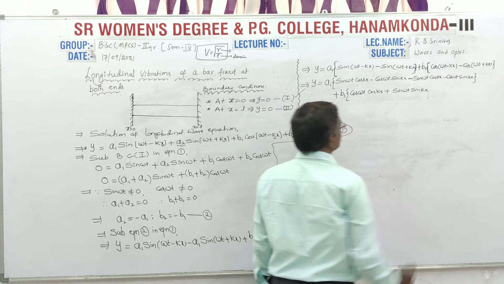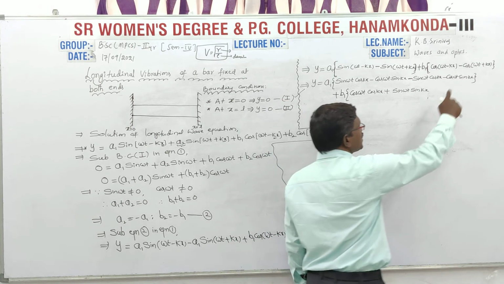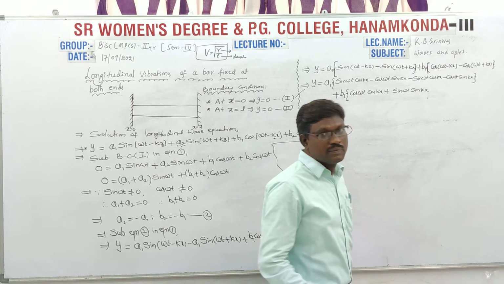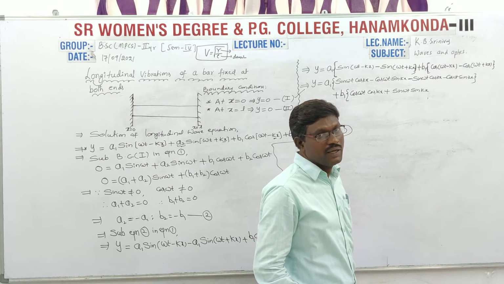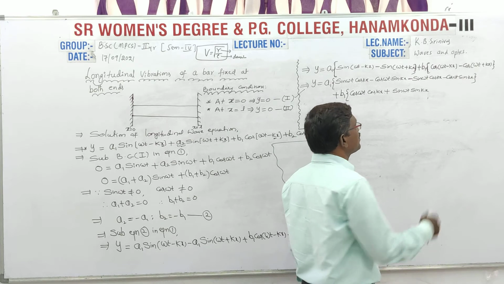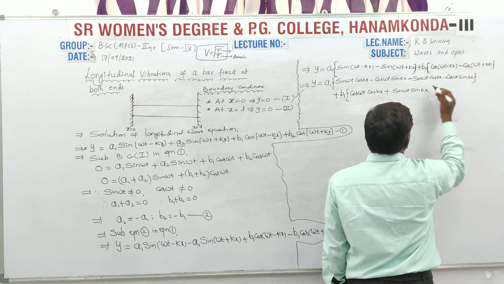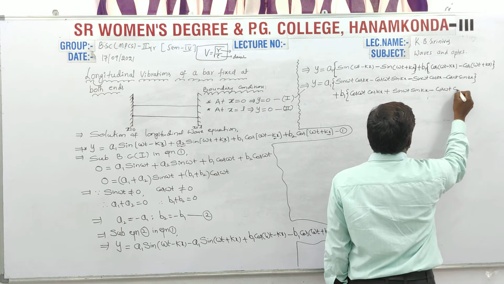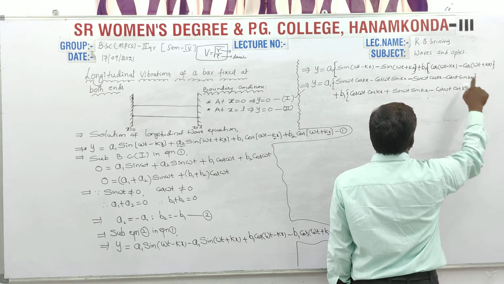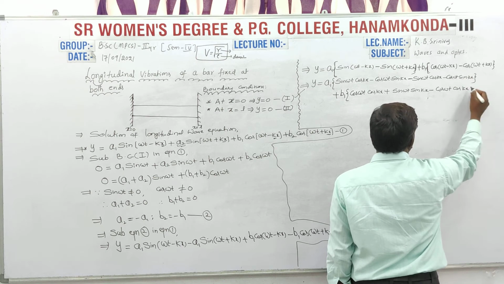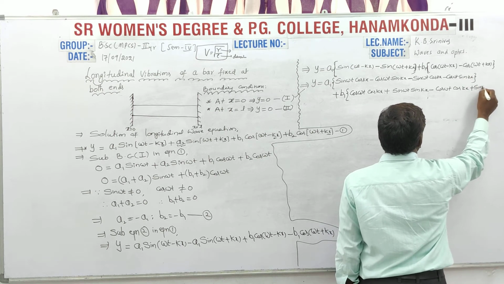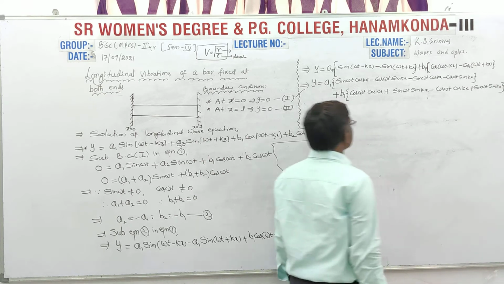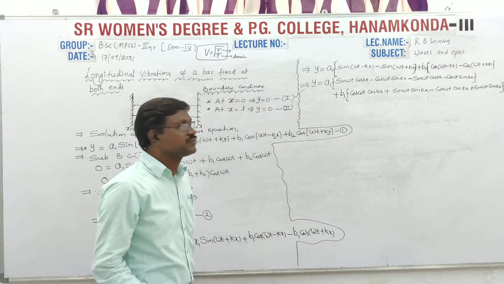Coming to the second expansion, it is in the form of cos of a plus b. Cos of a plus b equal to cos a cos b minus sin a sin b. So already here we are having minus. So the first term becomes minus cos a cos b, and that minus, this minus becomes plus, plus sin a sin b. Just see the expansion.